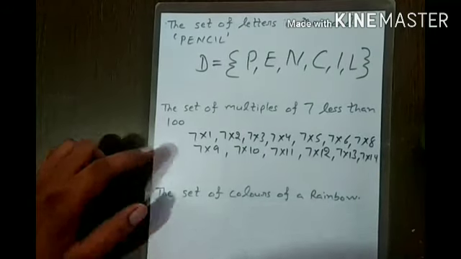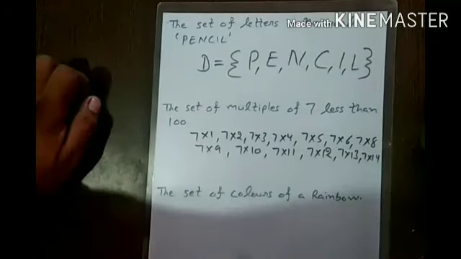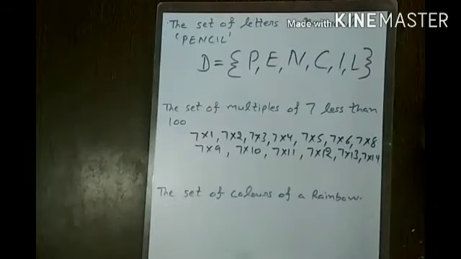You see, the answer for 7 multiply 14 is 98. And if I multiply this with 15, the answer will be 105.